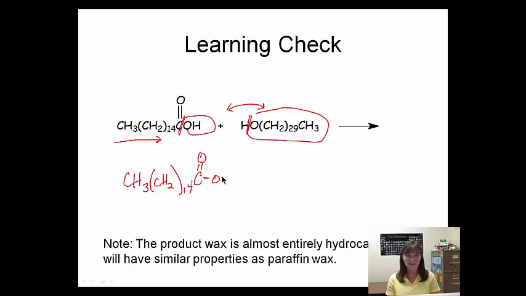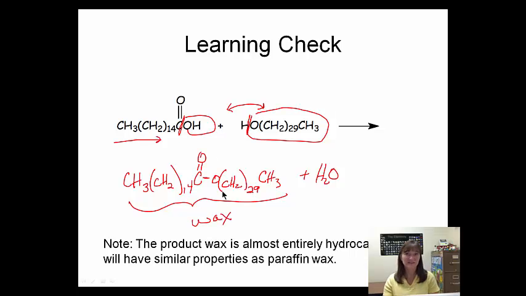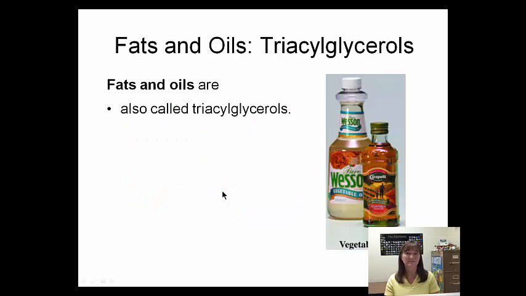So I have the oxygen and 29 CH2s, and then water is my other product. So this guy right here is a wax. Okay, so right here is a wax, and it's just an esterification reaction.